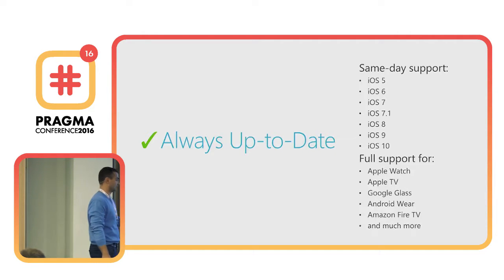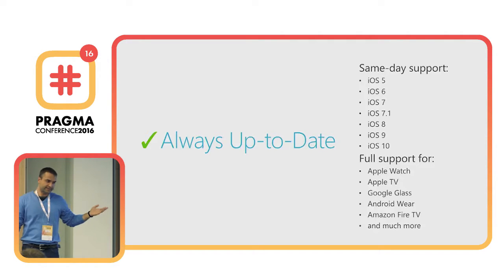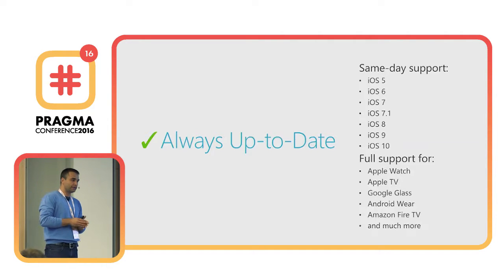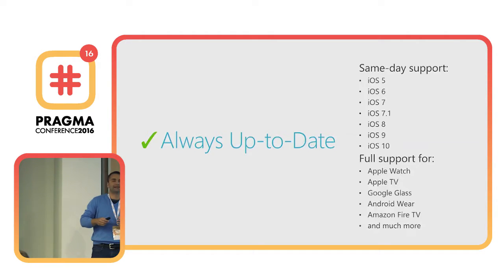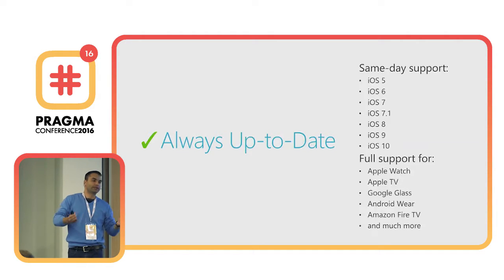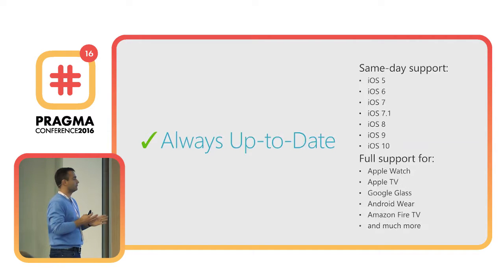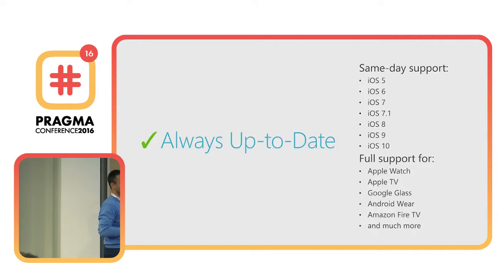We have an update to Xamarin that enables all the functionality. The same thing for Android, but for Android, the times are a little bit longer for binding. But this is not a problem. It's like 1 month.